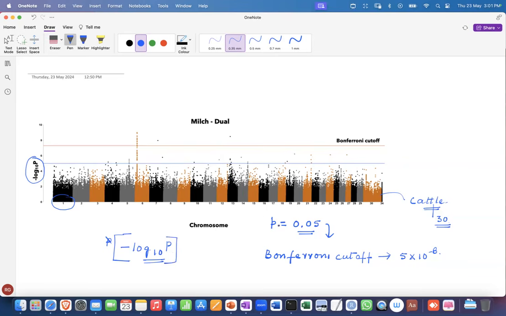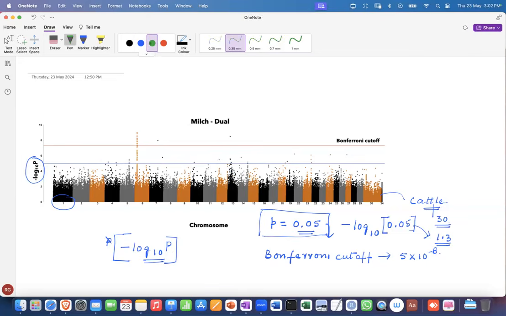So if you convert this p value into minus log 10 of 0.05, this value I want you to remember, it is 1.3.